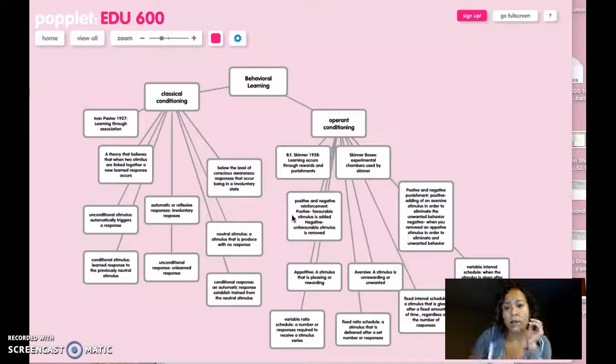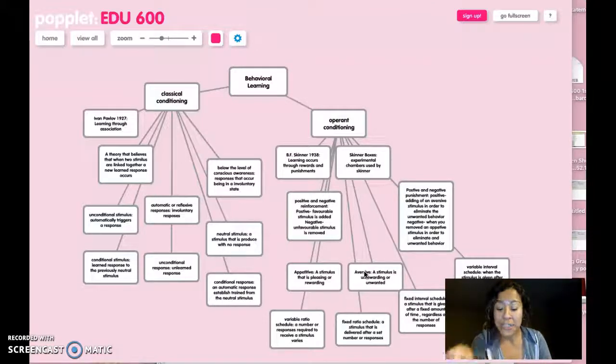But also in the reading, it does clarify that positive reinforcement and negative punishment are usually together, and they use the appetitive stimulus, which involves a pleasant stimulus.